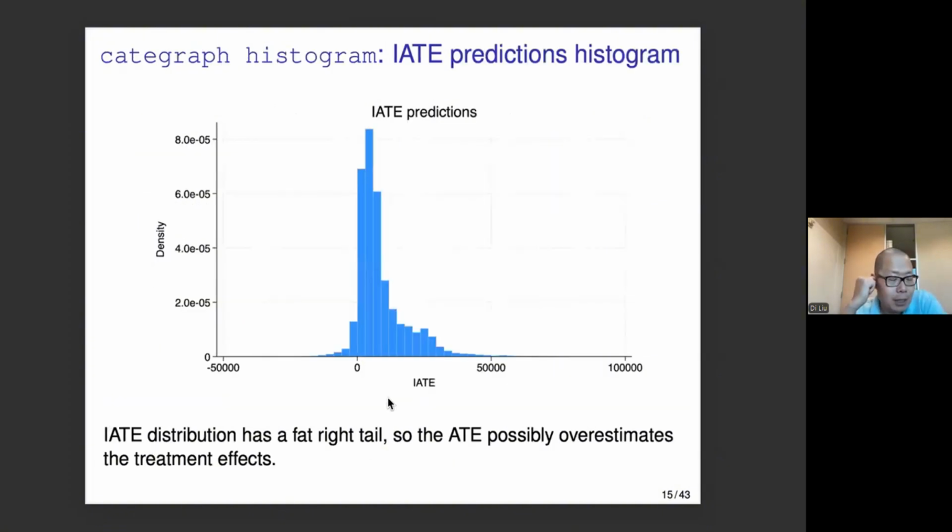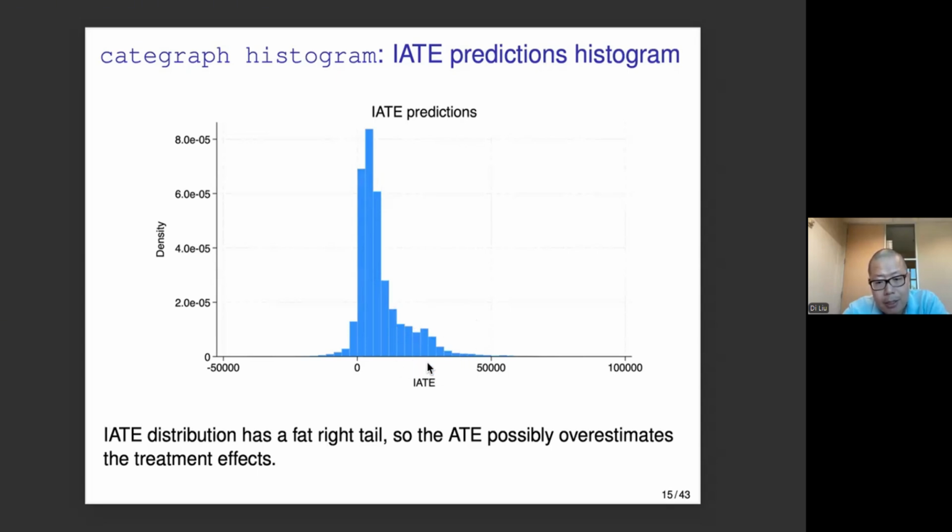The first is we can use a graph histogram to take a look at the ITE predictions, which shows us the distribution of the ITE predictions. In this graph, this is the distribution of ITE predictions, and as you see, it has fat tails here.